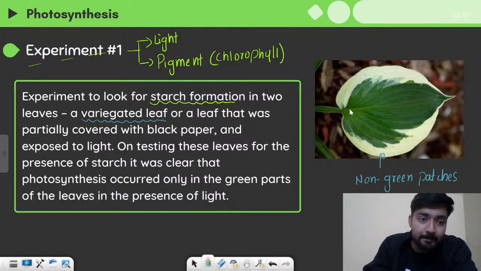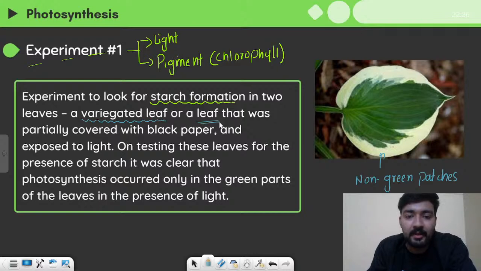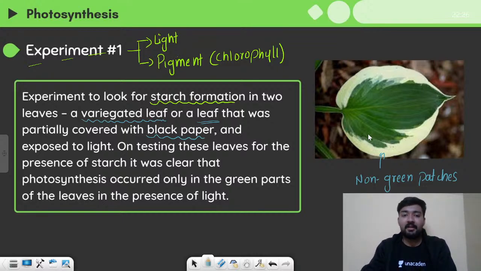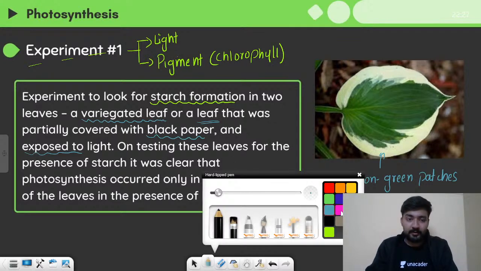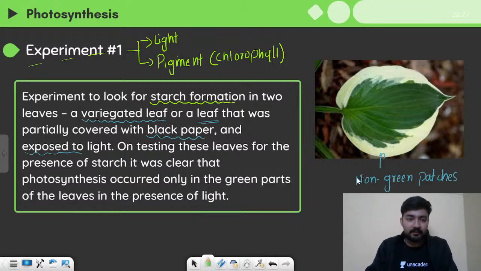That is why they are not green. So first we have taken a variegated leaf, and we have taken a simple leaf and covered it with a black paper. So either you can take a variegated leaf or you can take a simple leaf and cover it with the black paper and then expose it to light. On testing the leaves, we first take a simple leaf and then we take a variegated leaf or a covered leaf.